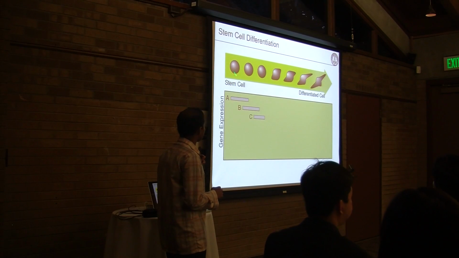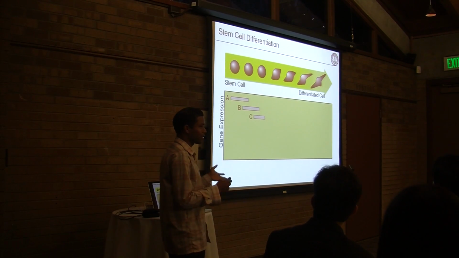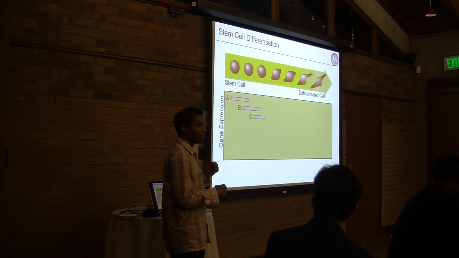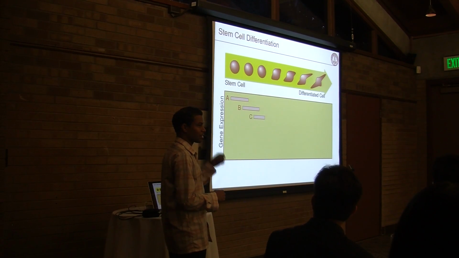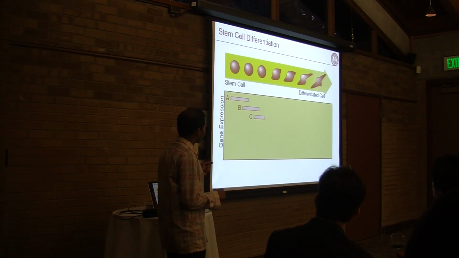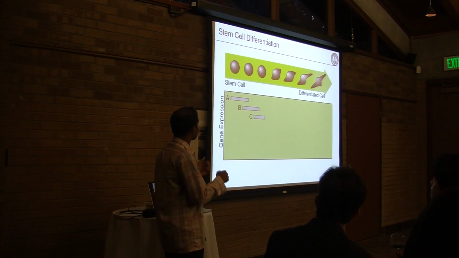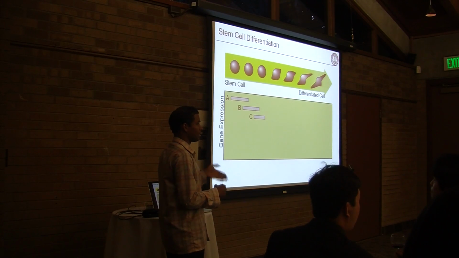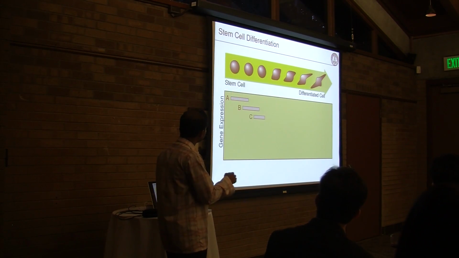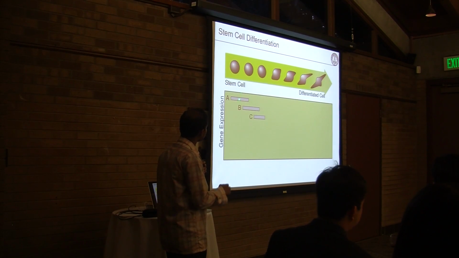One property is self-renewal: when it divides, one cell becomes its own type. So it renews itself. The stem cell can live forever, right? Whenever it divides, one of the cells becomes its own type, so it never loses its property.